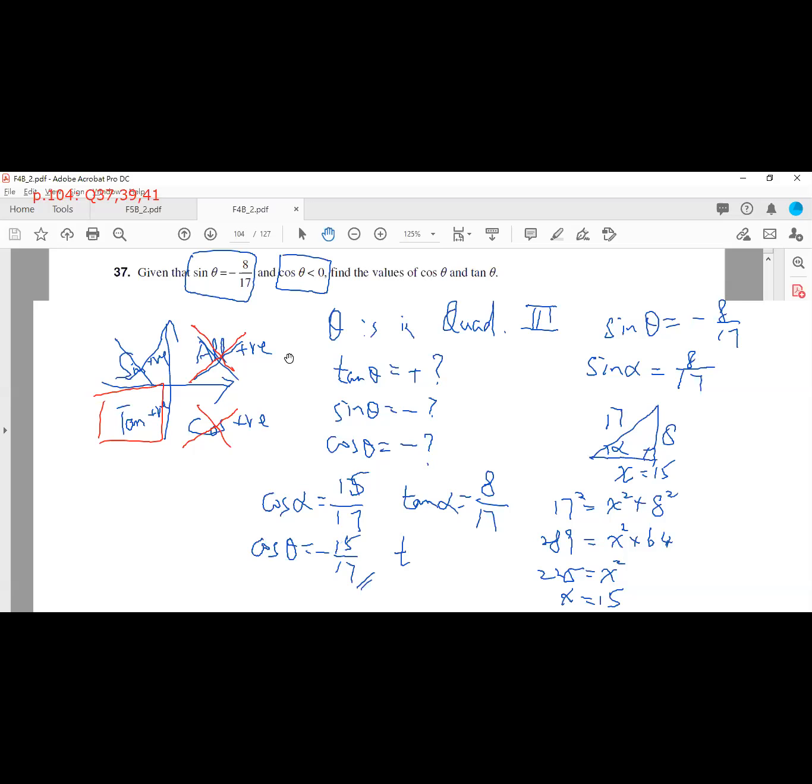And then tangent theta. We have already found that tangent theta should be a positive number. A positive what number? It's positive 8/17, or just 8/17. So that is the answer of question number 37.